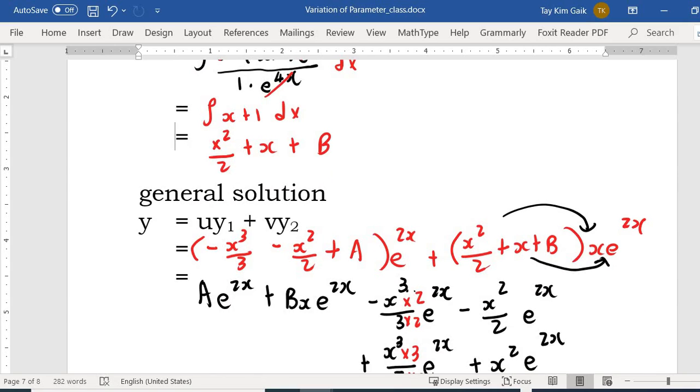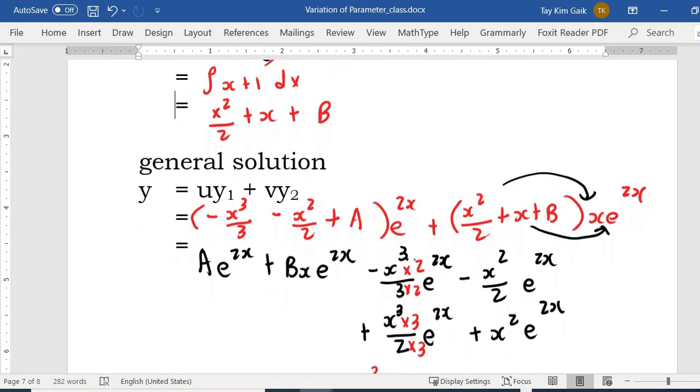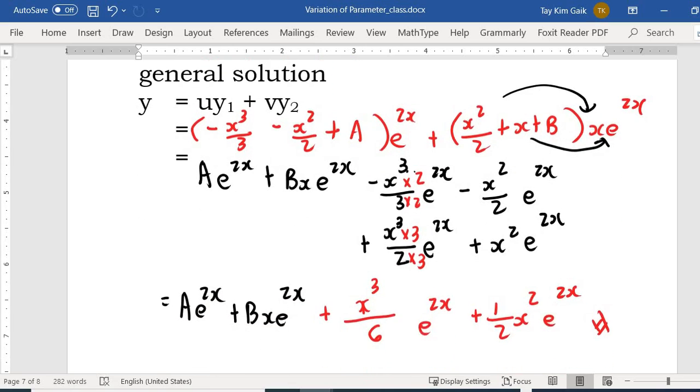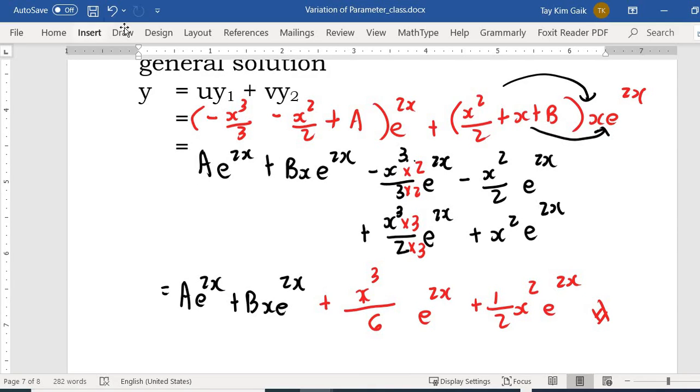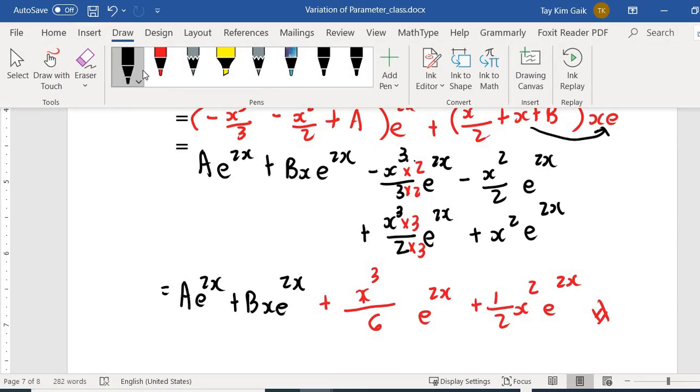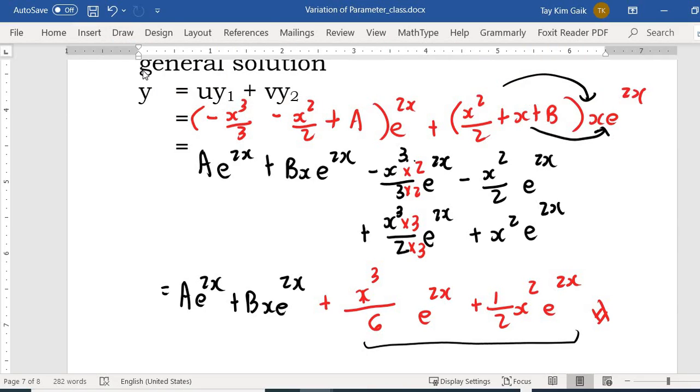If in your u and v you don't put a and b, it doesn't matter. Then what you obtain is only the yp part. Let's say you forgot to put a and b, then you obtain only yp, and later on you add it up with the yc that you obtained in step 1.